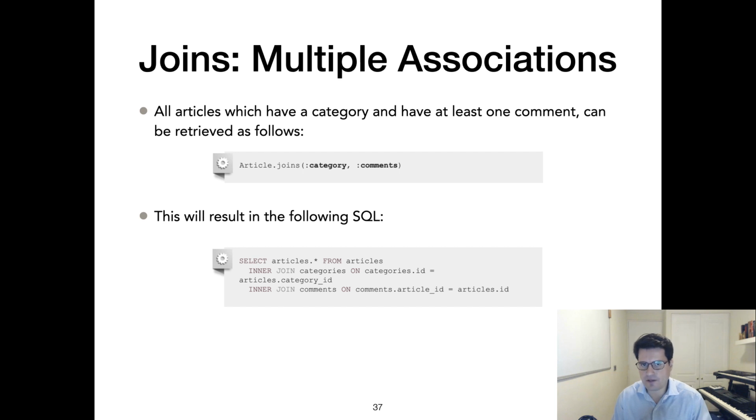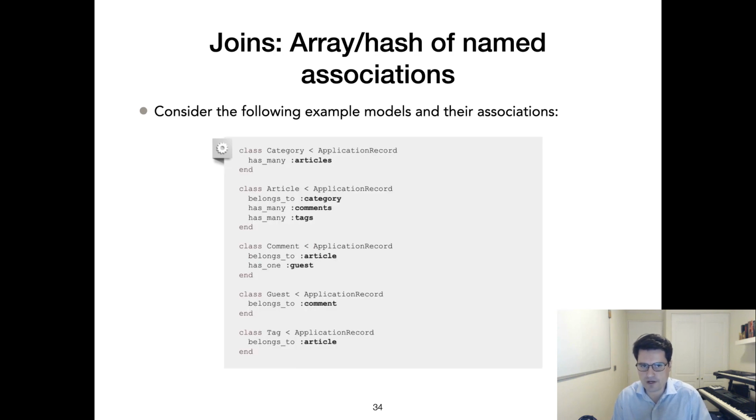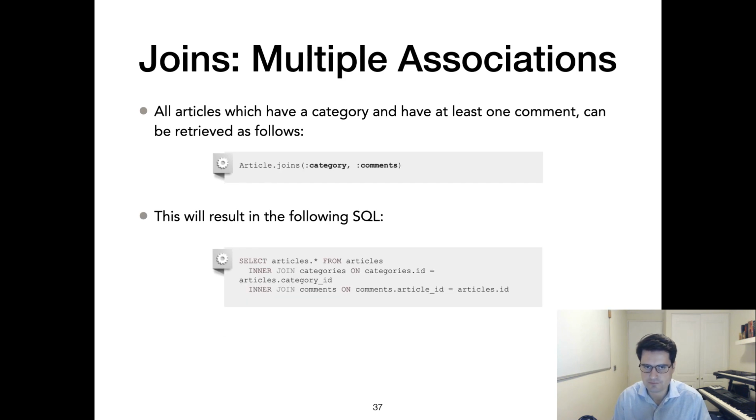Then you can have multiple associations. For instance, let's remember an article belongs to a category. It has many comments and many tags. So you can join with category and with comments, and therefore you will get all articles which have a category and have at least one comment, by calling joins on the category and comments associations.